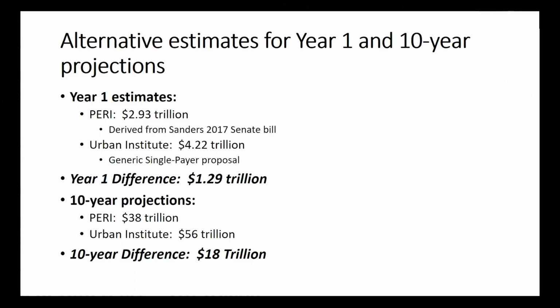So my estimate with my co-authors was that in year one, we could deliver the 2017 version of a Sanders Medicare-for-All program at $2.93 trillion, which was a savings of about 10% relative to what the government CMS estimate would be under our existing system.